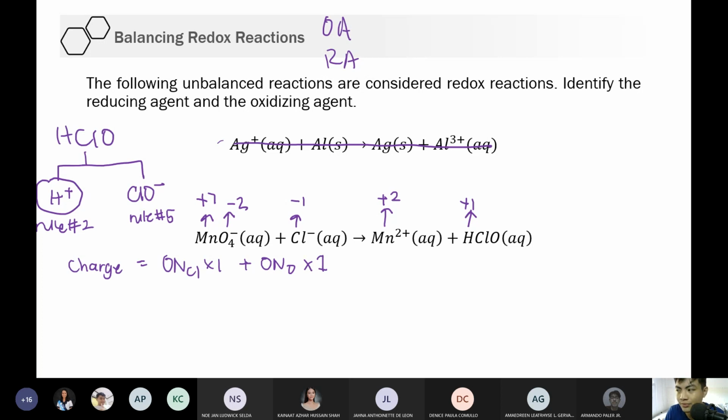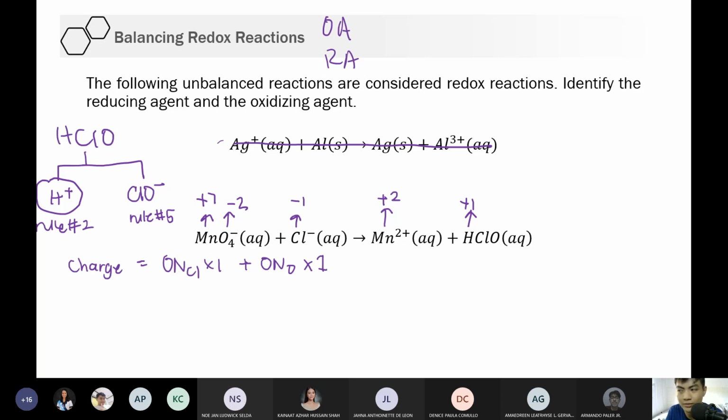Oxygen is -2, chlorine group 7 yan, -1. Pero ano yung sinabi ko kanina? If your halogen is in the oxyanion form, it is not -1 by default. Okay? So, ibig sabihin, yung chlorine, bromine, iodine, basta may kapartner yan ng oxygen, hindi yan -1.